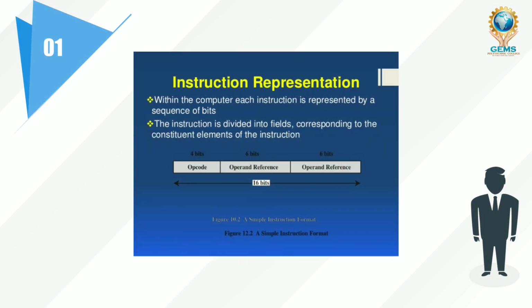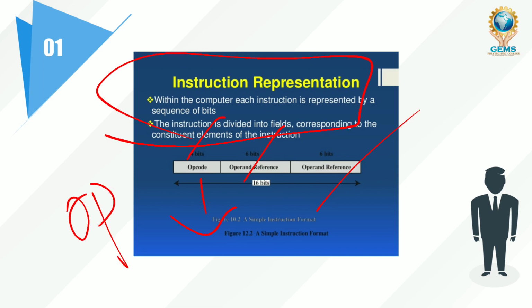This is the actual instruction representation, what we have discussed till now. Opcode, operand reference, and operand resources. First, the opcode talks about the operation, whether it is plus or minus or multiplication or division.